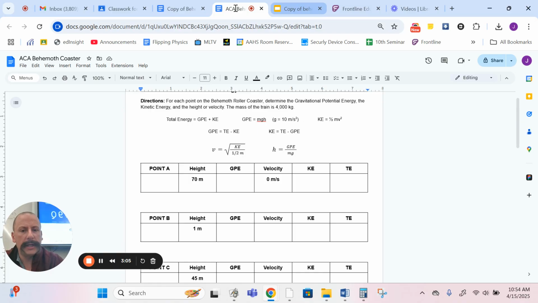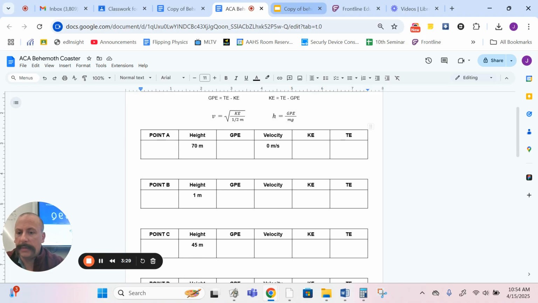If I want to find the kinetic, I take the total energy and subtract the GPE. To calculate GPE, I take m times g times h, where g is 10 meters per second squared, and the kinetic energy is 1/2 mv squared. I'll go over this equation and this one here as we get to them, but that is how we figure out how fast it's moving or how high the roller coaster is.